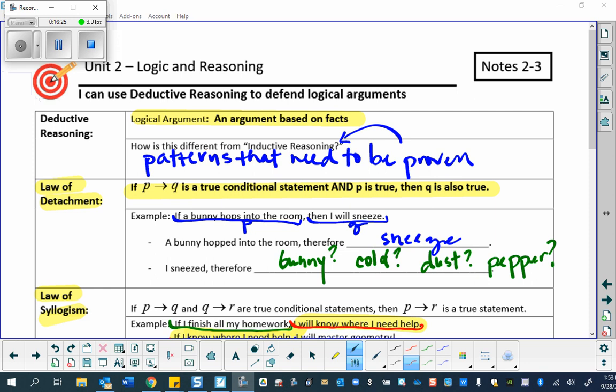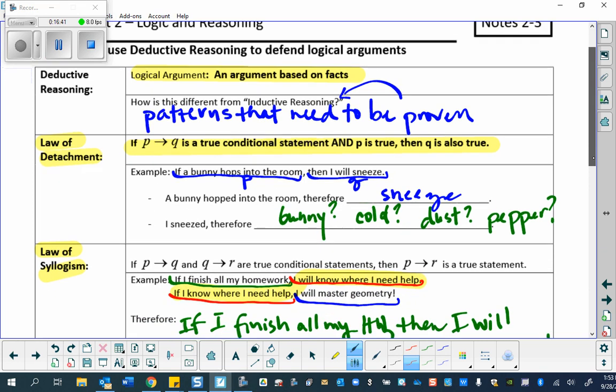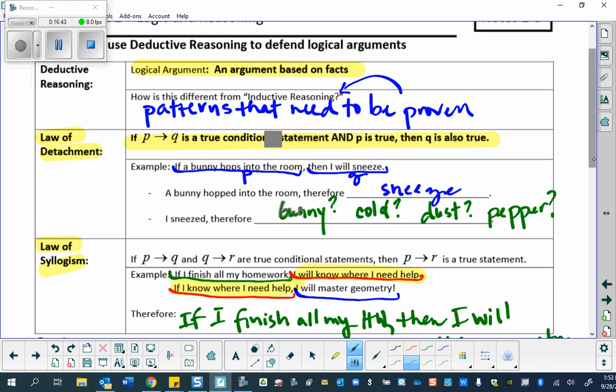So with deductive reasoning, instead of having to prove something is true, we're given a statement that we can trust is true. There are two rules in deductive reasoning. The first rule is called the law of detachment. The law of detachment says if you're told if P then Q is a true statement and P is true, then you know that Q is true too.